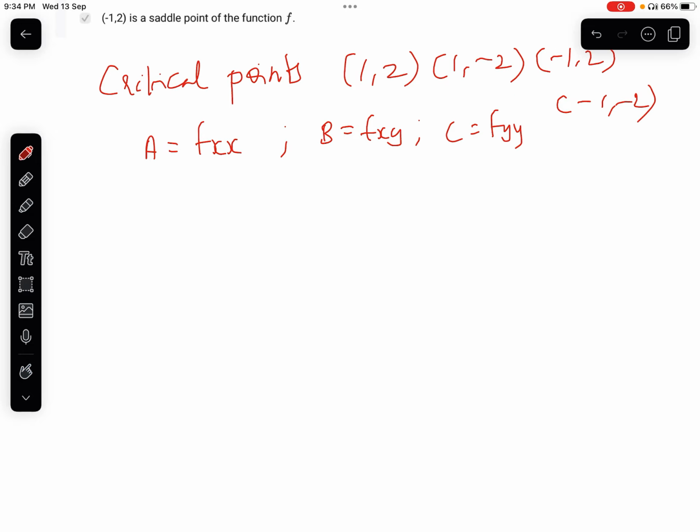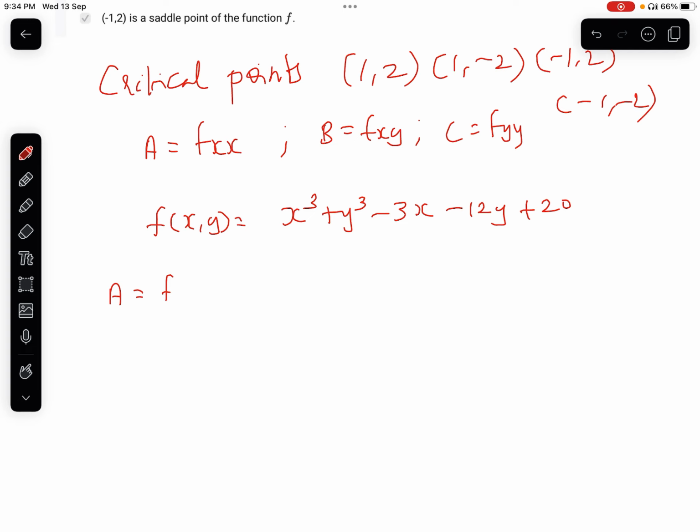So for the question they have given a suitable function, f of x comma y is equal to x cube plus y cube minus 3x minus 12y plus 20. First we'll find a, which is f of xx.